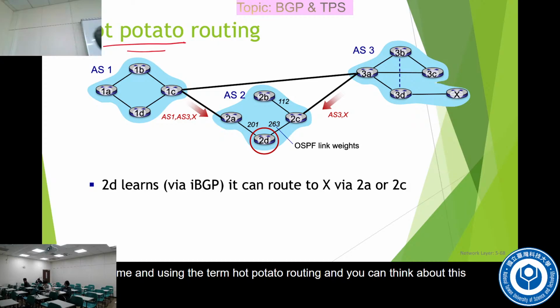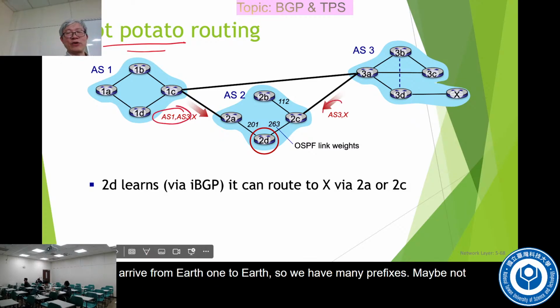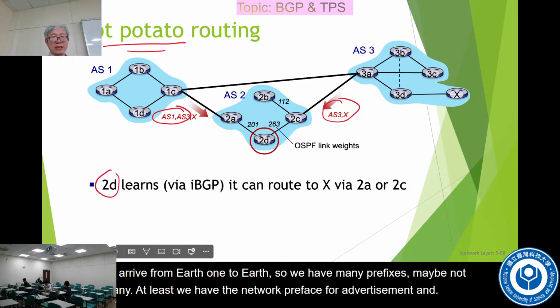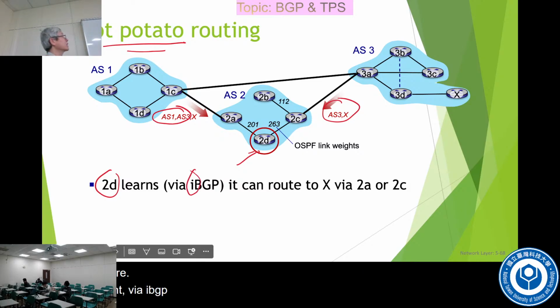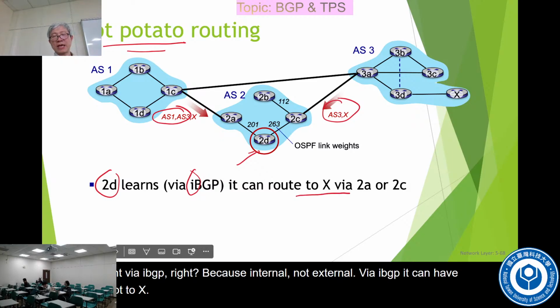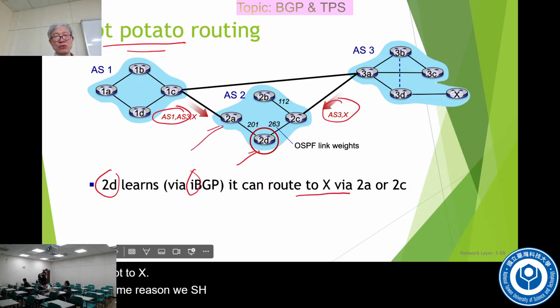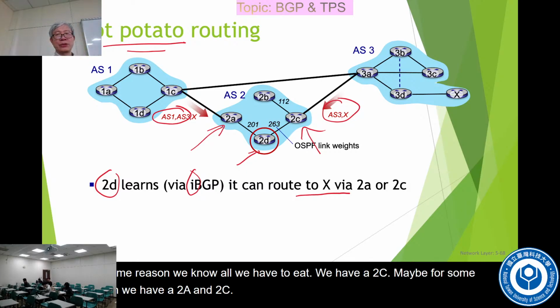So we have the advertisement prefix arrive from AS1 to AS2. So we have many prefixes, maybe not too many. At least we have the network prefix for advertisement and 2D here. All right, via IBGP, right? Because internal, not external. Via IBGP, it can have the route to X. For some reason, we know we have a 2A and we have a 2C to X here.